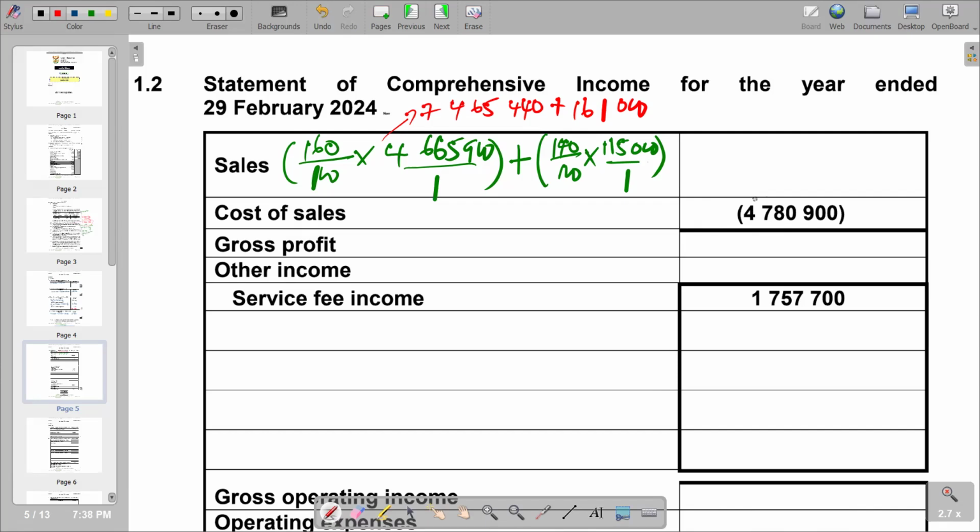So you get the two, and your final answer is 7,626,440. So it means we can now find our gross profit by saying our sales minus cost of sales. If you subtract, the gross profit figure that you're supposed to get is 2,845,540. So basically, that's what we have on that part.